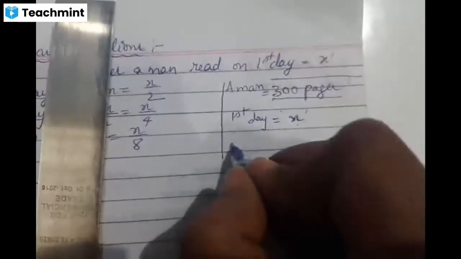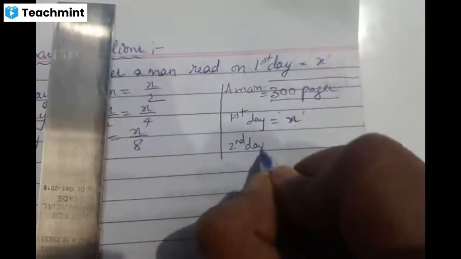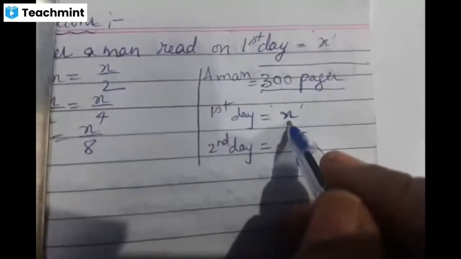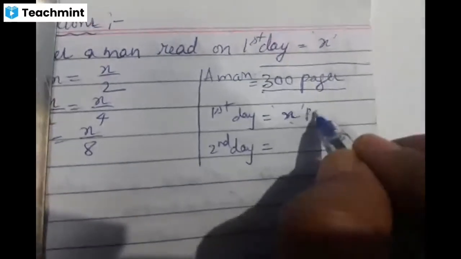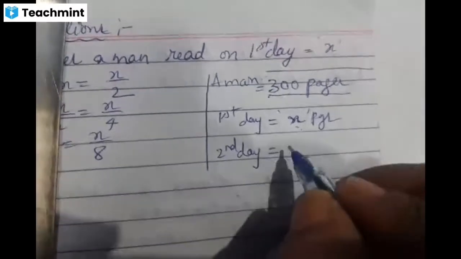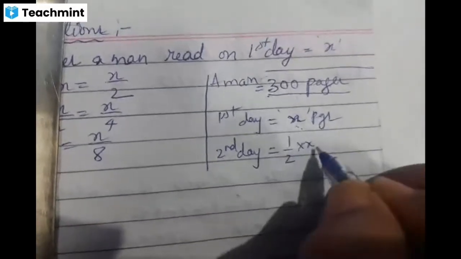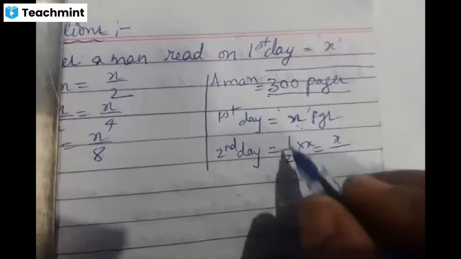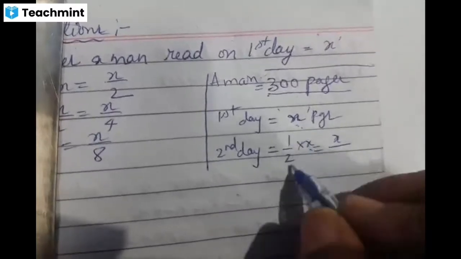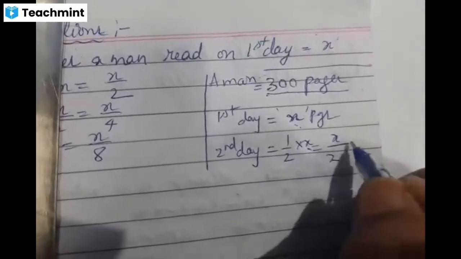Now on the second day, how much is he reading? According to the question, he is reading half the number of pages he read on the previous day. Previous day, that is first day, he read x pages. So second day he will read half of the first day, so half into x, 1 by 2 into x, is x by 2 pages.